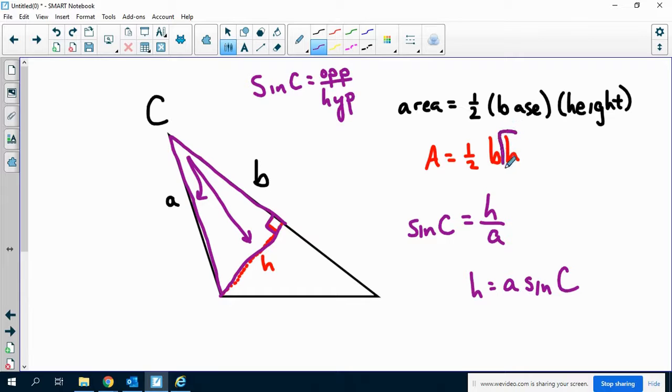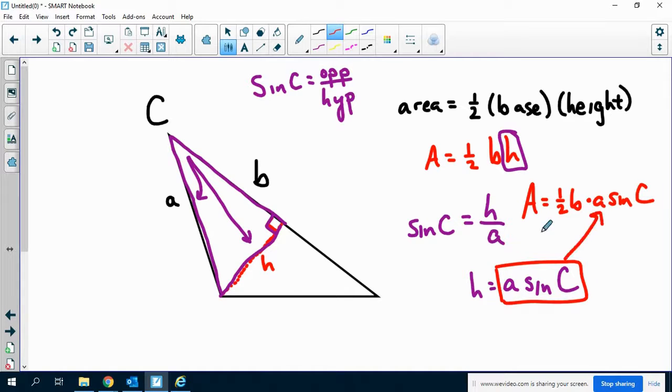So in this formula, I can replace the H with A sine of C. So I'm just taking H and replacing it in the formula.